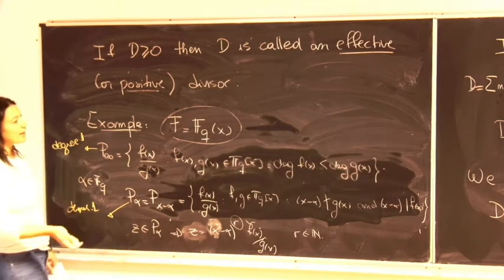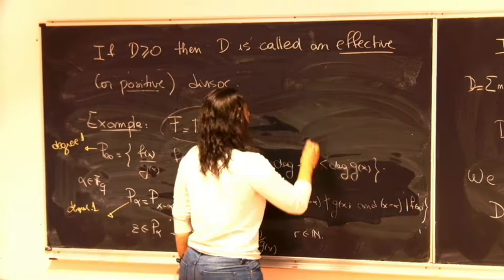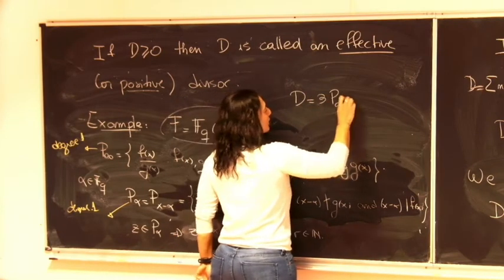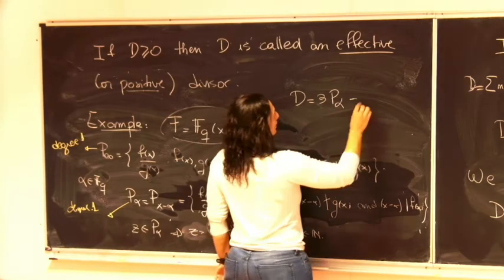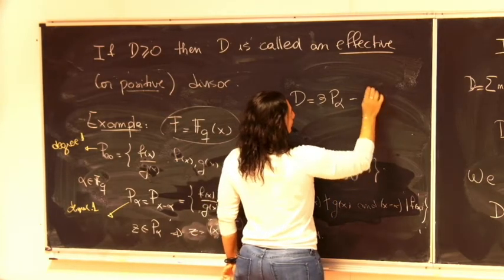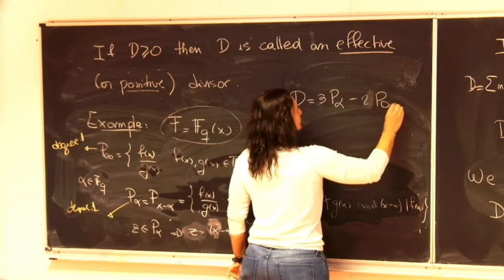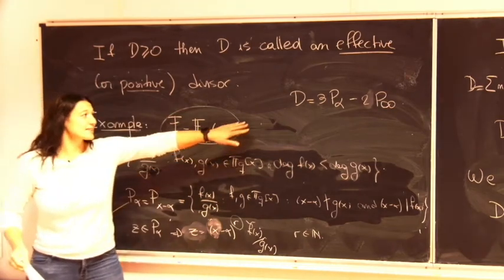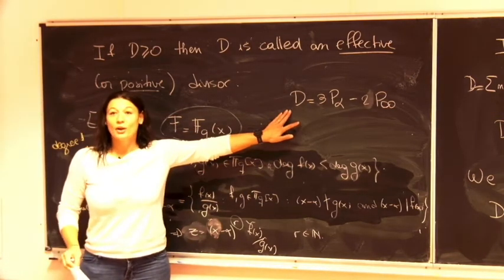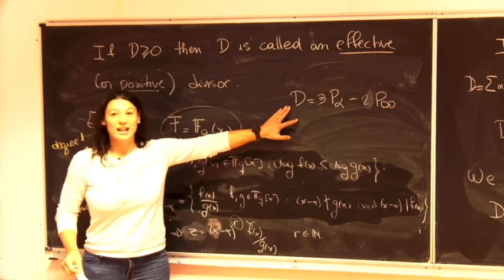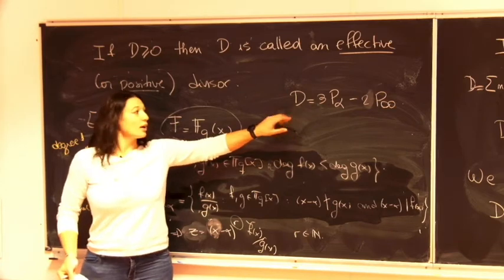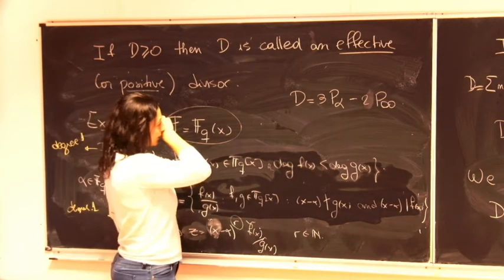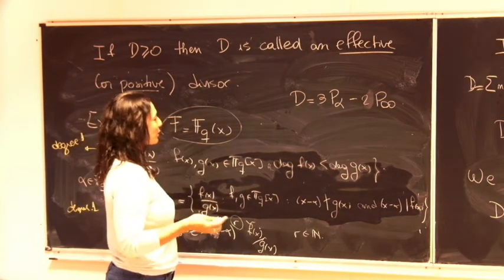So in this case, I could define, for example, a divisor D, which is 3p alpha minus 2p infinity, for example. And I cannot compare this divisor with, well, let's put another one in which we could compare.